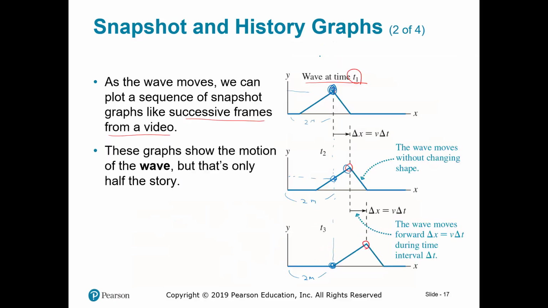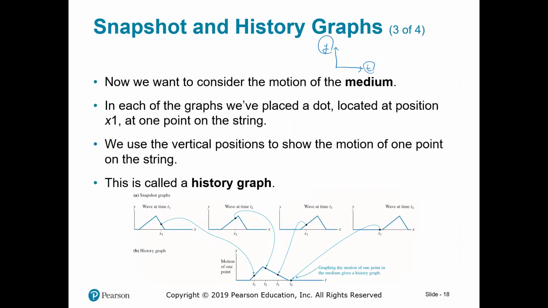So in your snapshot graphs, in every single snapshot, you will see a Coke can here, a Coke can here, a Coke can here. So one question you may have is: what if you're interested in the height of the Coke can as a function of time? You are only interested in the height of the Coke can here as a function of time.